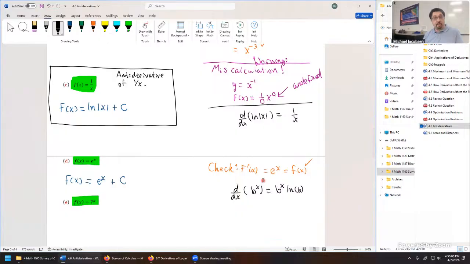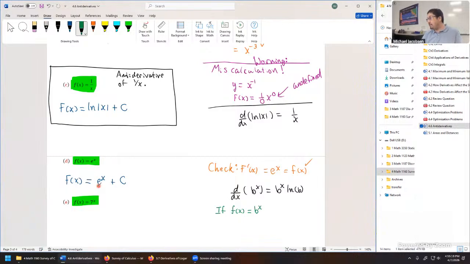Let's write it out as a formula. So here's our third really useful formula. If f of x is a base b exponential function, b could be e, but it could be 7 or 12 or 1.2, any random base.